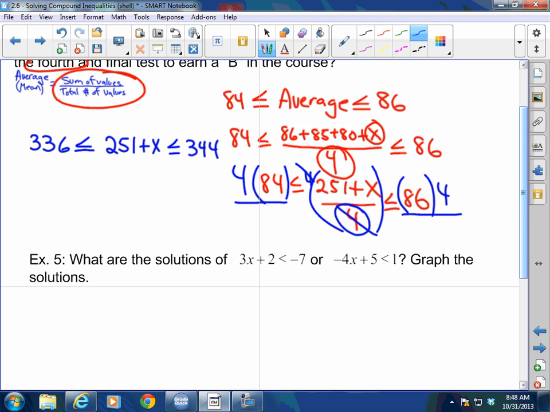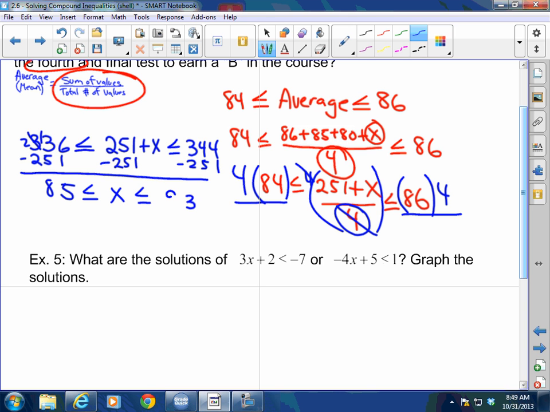Okay, so now how do I solve for x? Subtract 251 to both sides. Very good. So I got a 85, and here I got a 93. Okay?